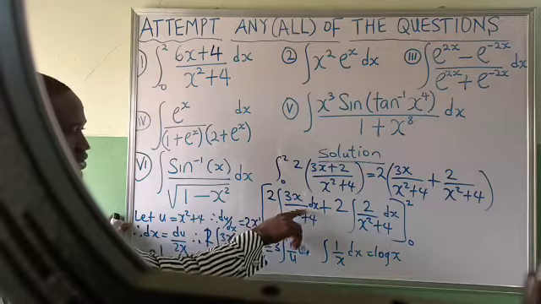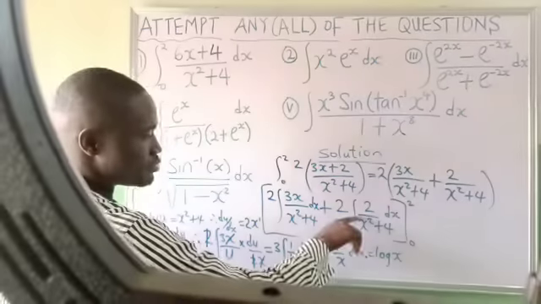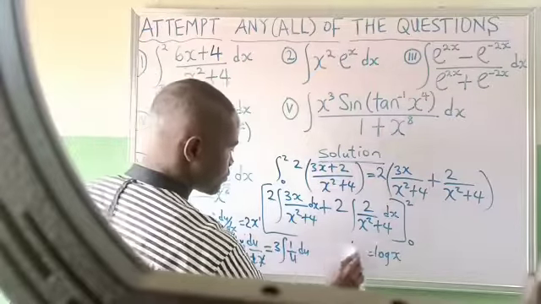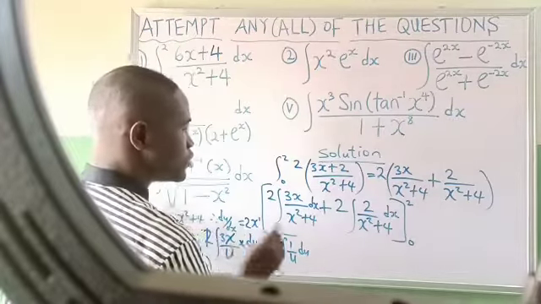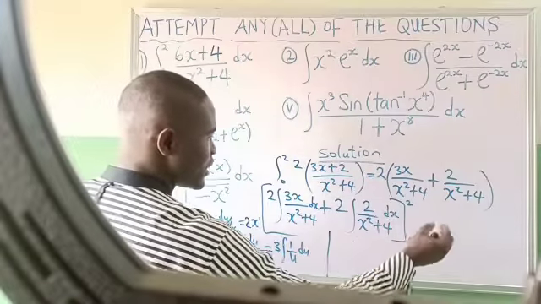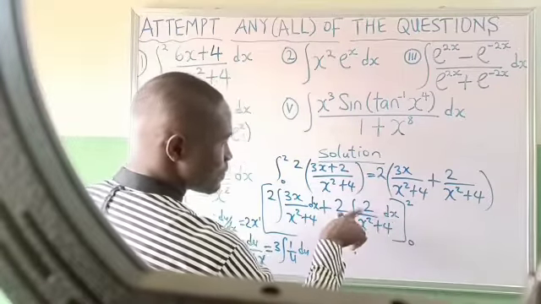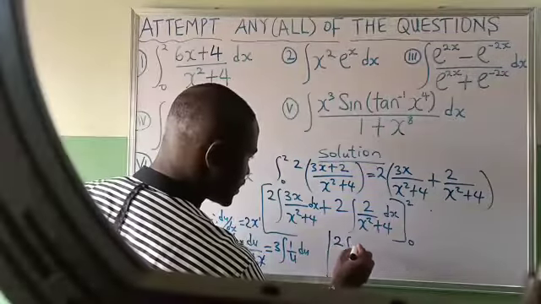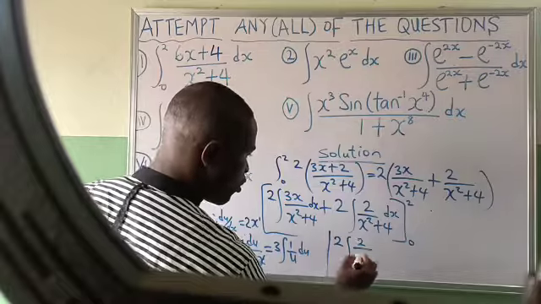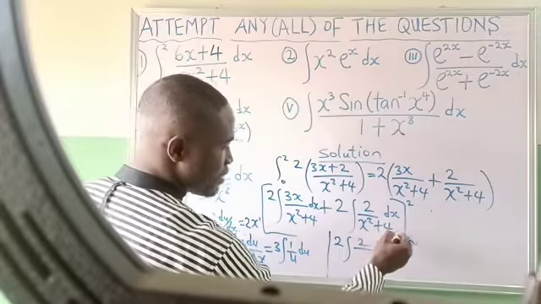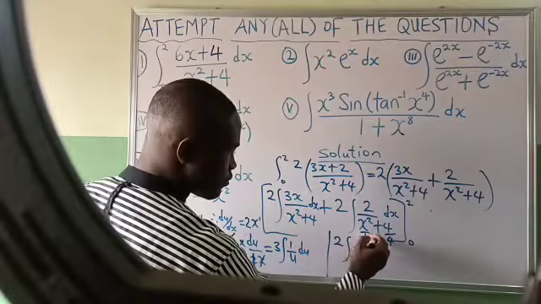So I have integrated this. I am to integrate this second one now. I will say that I have 2 integral of 2 all over, here I will divide everything by 4.